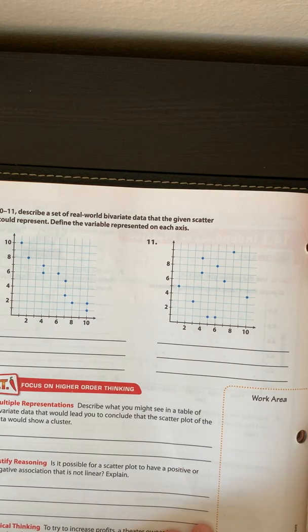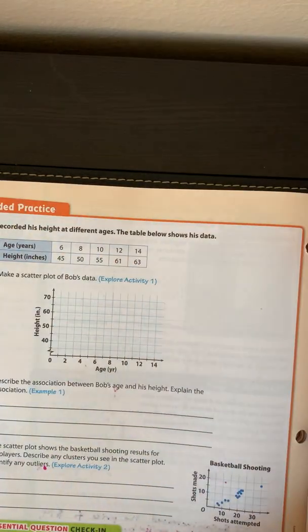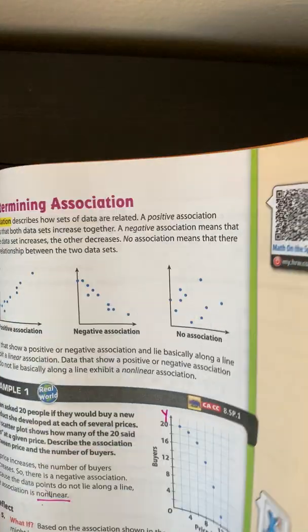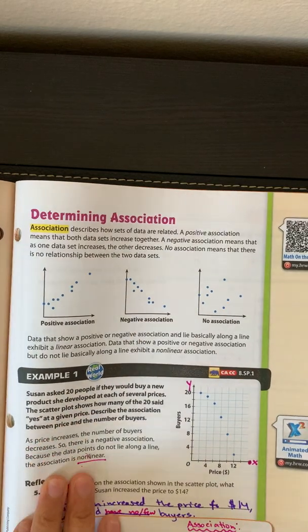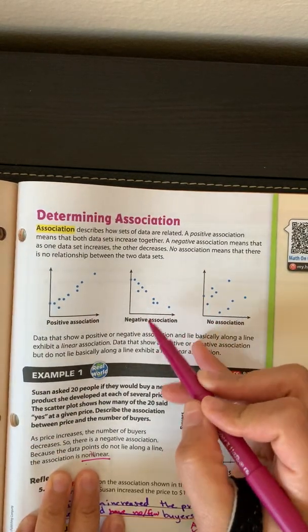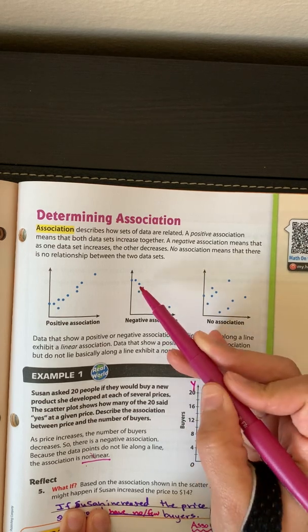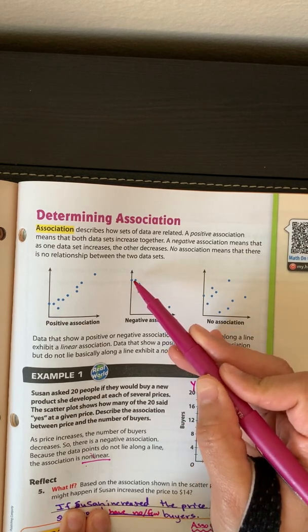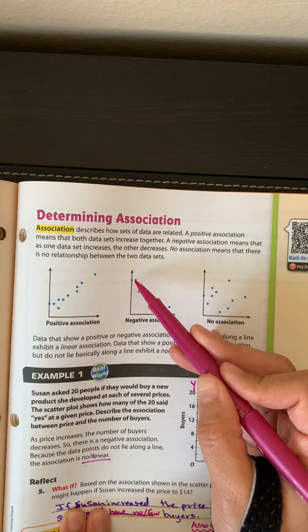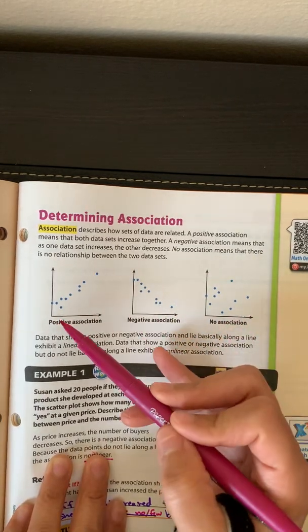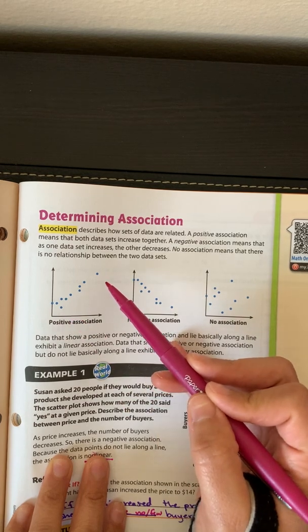So what I'd like to do is model an example of this. It's basically asking you to create your own story. So for instance, I think we saw this in one of the examples I gave you. Let's pretend like this was not labeled at all. So I'm trying to think of a real life situation in which it would have a negative association, or we could even do positive association.